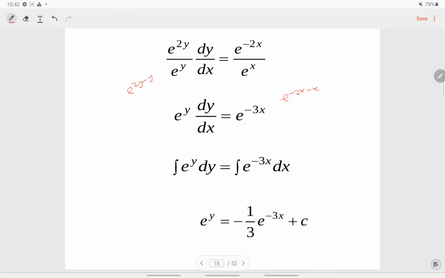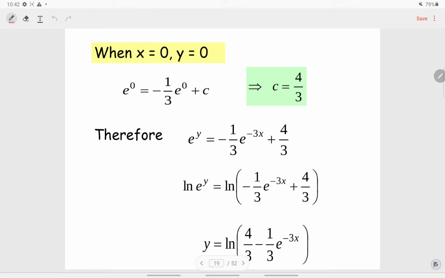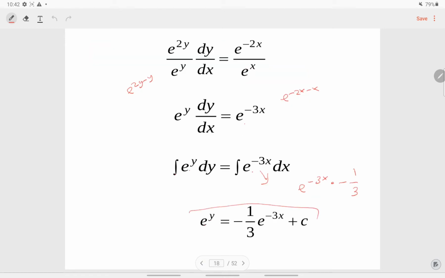Integrate exponential y will be exponential y. Integrate this one exponential, we will get itself exponential negative 3x times negative 1 over 3 plus c. When x equals 0 and y equals 0, we substitute into this equation.